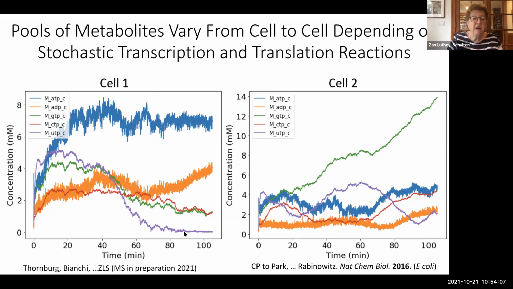In this one cell, you see that the pool could get as large as 8 millimolar for ATP, or in this other cell as low as 4. The ADP is always lower, and there's a lot of variation here.